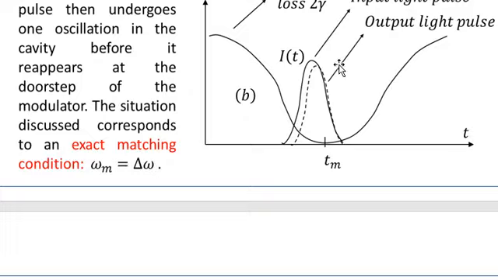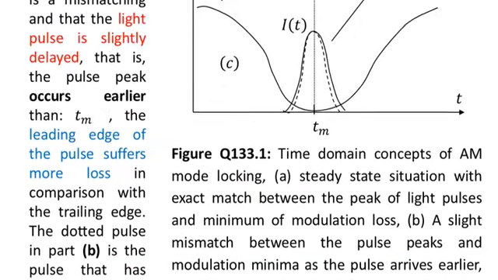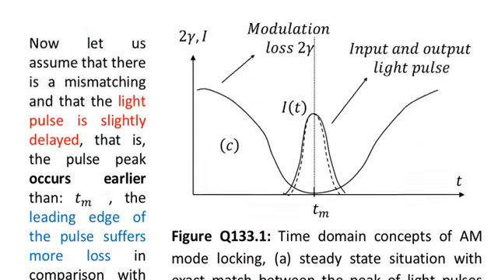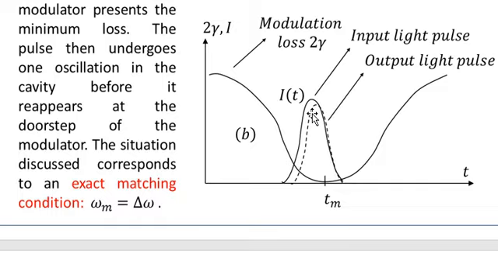You can see that this is the leading edge of the pulse. And the other edge, this edge is the trailing edge. So the trailing edge suffers almost very small loss, whereas this leading edge will be presented greater loss by the modulator.